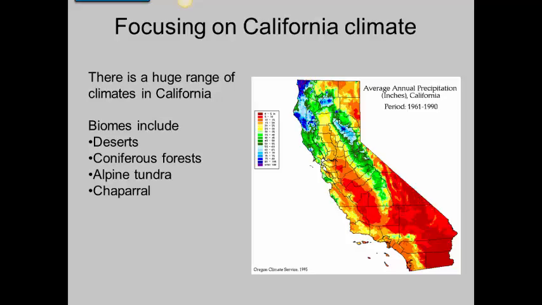There isn't enough moisture in the summertime to support deciduous trees. But many would consider the coniferous forest to be a type of temperate forest. We also have areas of alpine tundra, which resemble the Arctic tundra, and many areas of chaparral in the state of California.